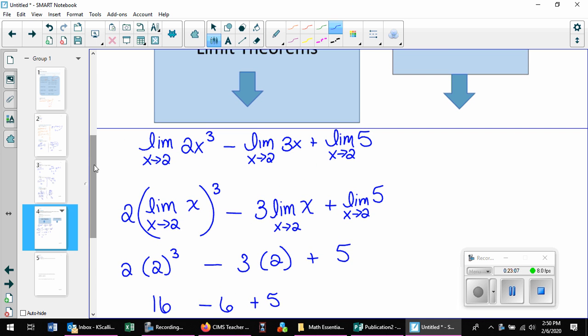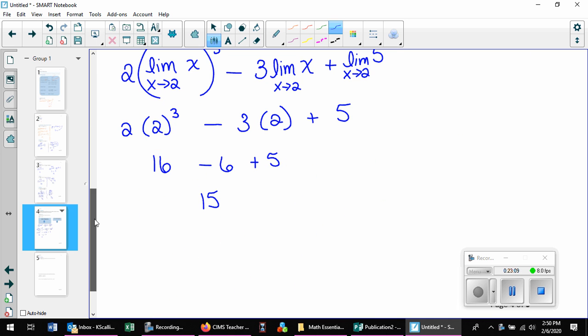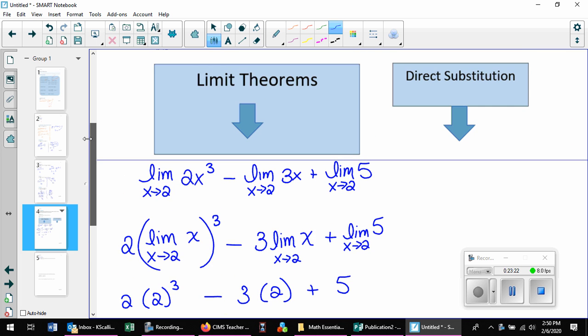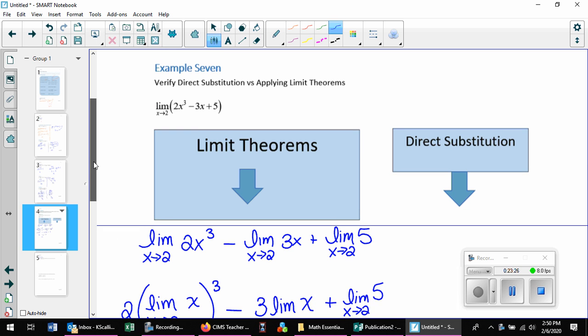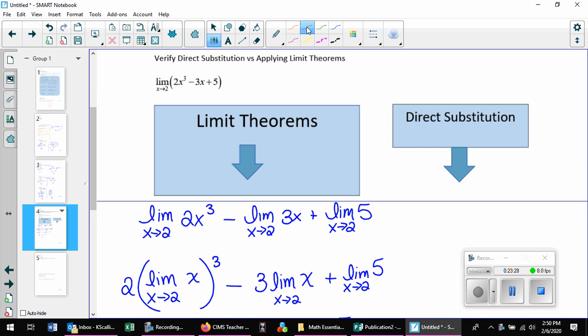So if you direct substitute, oh, did you guys do that? Sorry. So that's one way to do it with limit theorems. Obviously a lot more complicated than it needs to be. If you do direct substitution for this one, you're going to direct substitute into it.